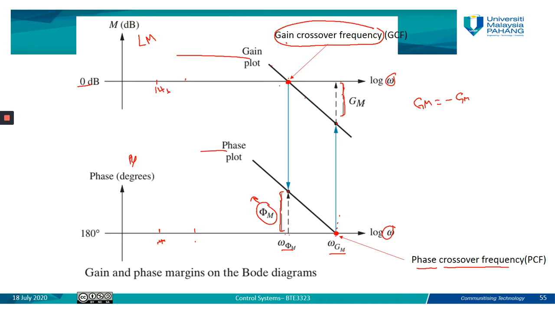So for example, if this value GM here is from 0 to, for example, negative 10 dB, that means our gain margin will be positive 10 dB. If it is positive, our system will be stable if the phase margin also is positive. So both values, gain margin and phase margin, should be positive.